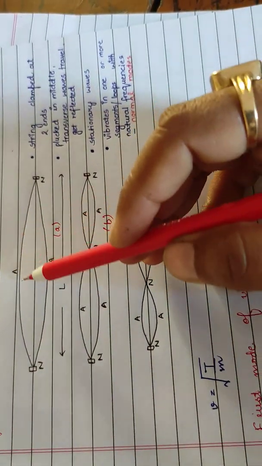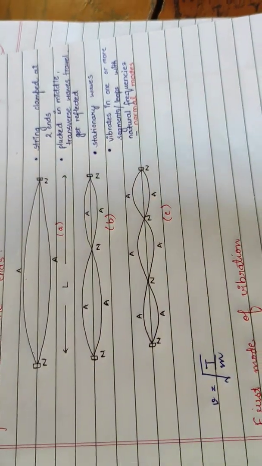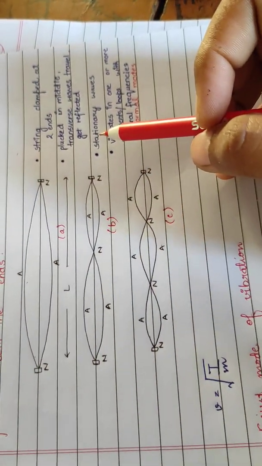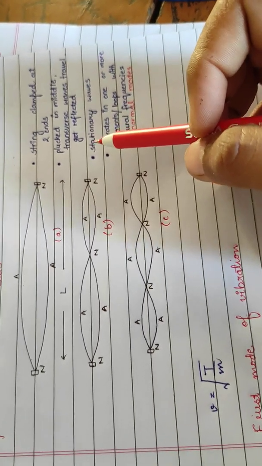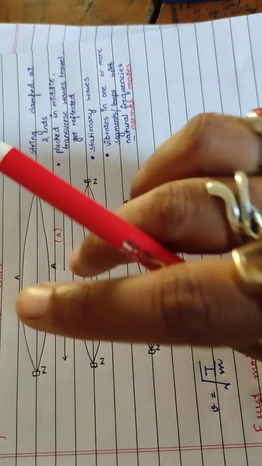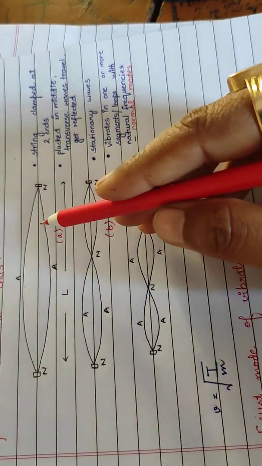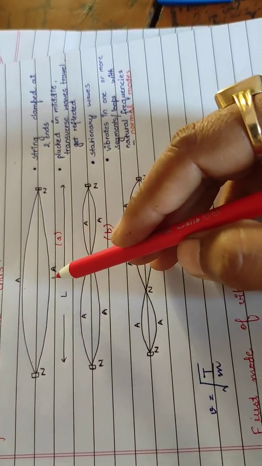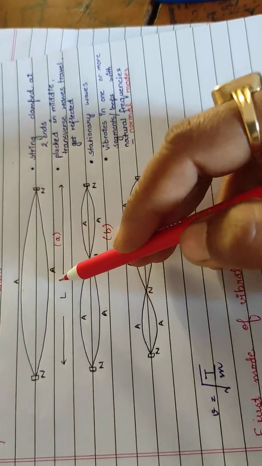Now what happened? Due to the reflection and two identical waves, we get stationary waves. Now it vibrates in only one segment with nodes at its ends, and this portion has some displacement, so this will be antinode in the middle.